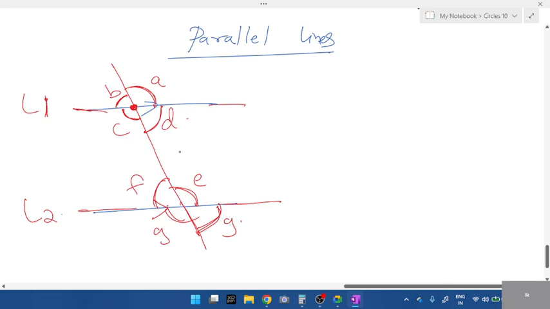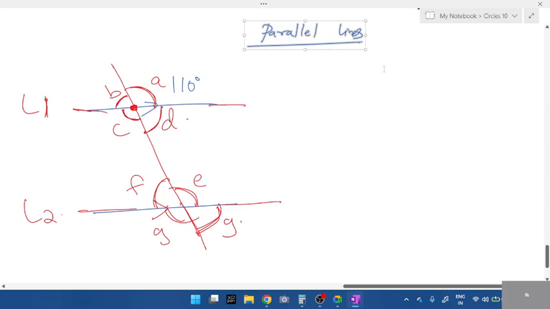4 angles, right? So we should know the property. Whenever two parallel lines are given, what are their properties? First thing, if I take angle A as 110 degrees, everything is related to this parallel line, everything is related to the straight line, students. Straight line, 180-degree concept.